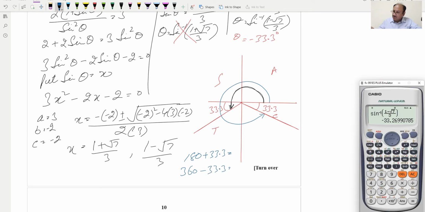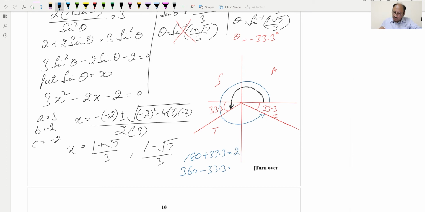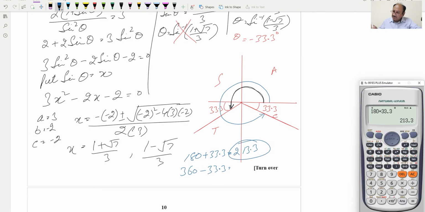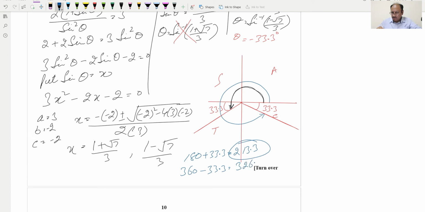So 180 plus 33.3 is equal to 213.3, this will be one value, and the second value will be 360 minus 33.3, which is equal to 326.7. These are the two answers which we found.